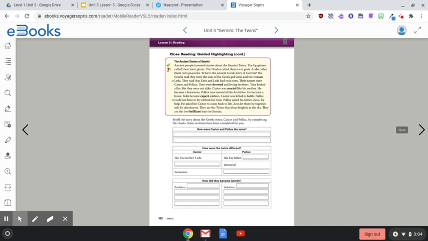Circle one word common to all stories. Go to line 27. Mark the synonym for human. Go to line 28. Mark the antonym or opposite for human.